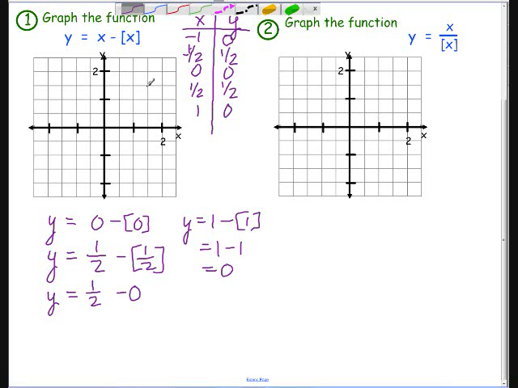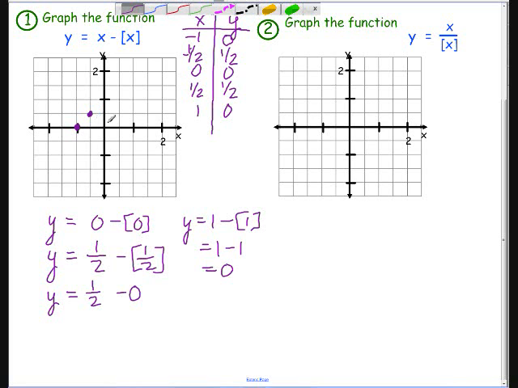Well, let's plot those points. When x is negative 1, y is 0, so we've got a point right here. When x is negative 1/2, and you notice what my scale is here, so this is 1/2. Negative 1/2, y is 1/2.